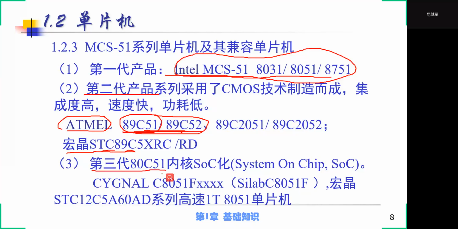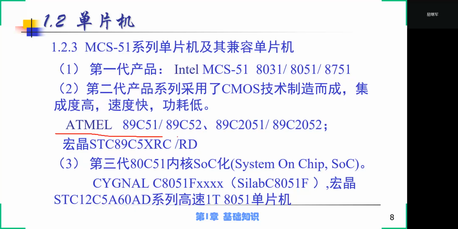But the third generation has more instructions than the second generation. So I suggest that you don't buy the third generation. You just buy the second generation for your study.